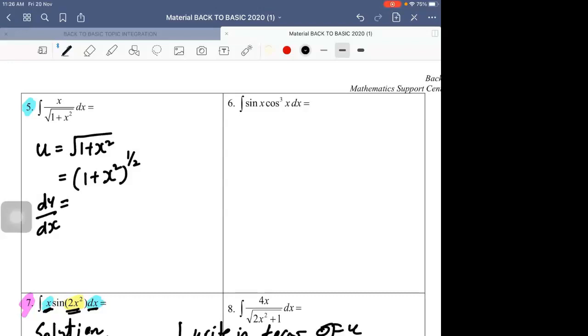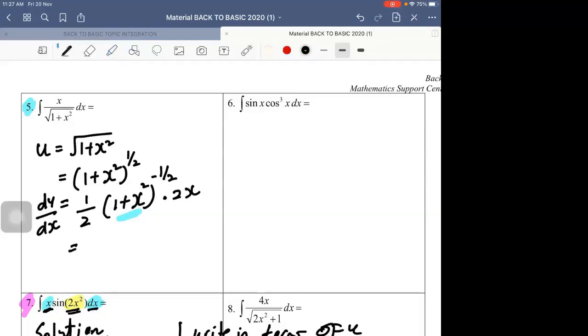Remember, after you choose u, you need to differentiate with respect to x. So, differentiate this, we get 1 over 2, 1 plus x squared, power minus 1 over 2, multiply with 2x. Okay, multiply with the derivative of this term.